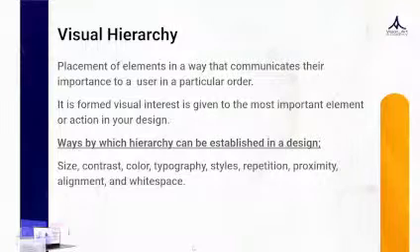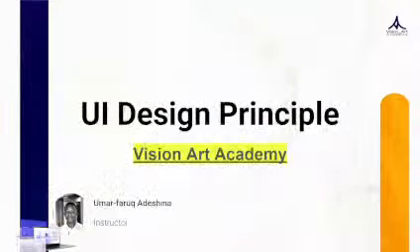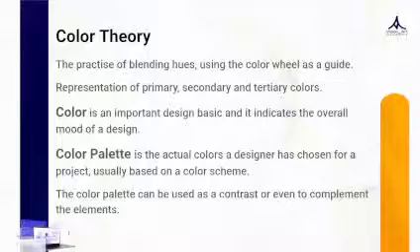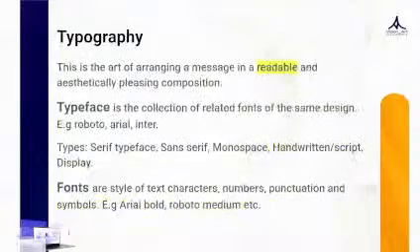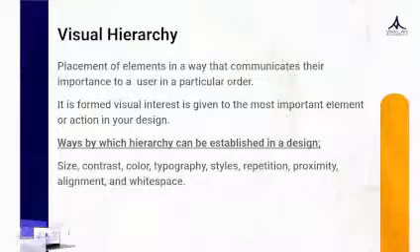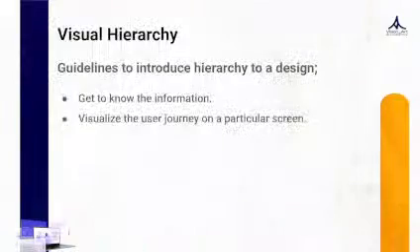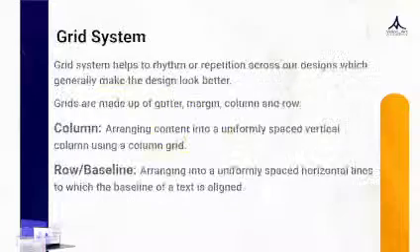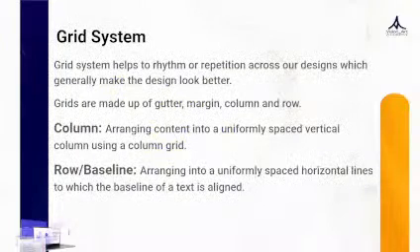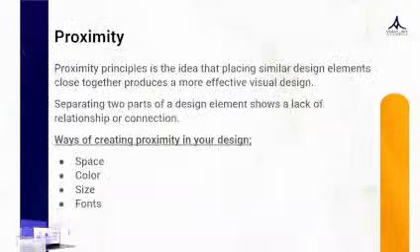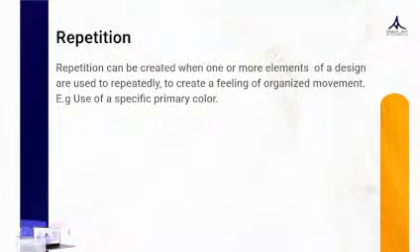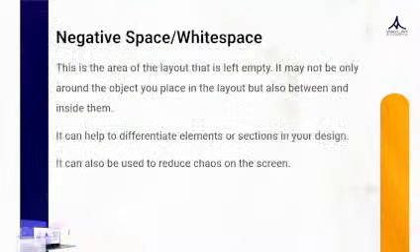So now before rounding up, we've come to the end of the slide. We've talked a lot, about color theory, typography, visual hierarchy, we discussed layouts, the grid system, proximity, alignment, repetition, and negative space.